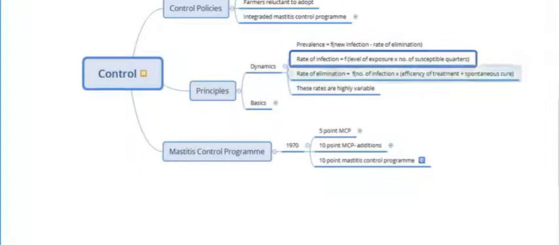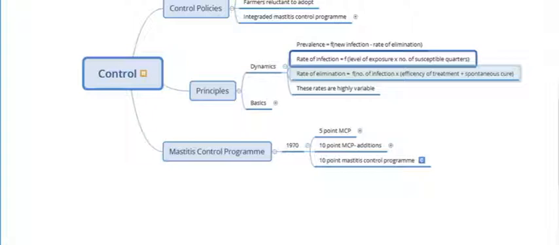Rate of elimination is a function of the number of infections multiplied by the efficiency of treatment and spontaneous cure. So for mastitis to be eliminated, either, very rarely, it can be a spontaneous cure, or your treatment should be very efficient so that the organism is completely excluded.